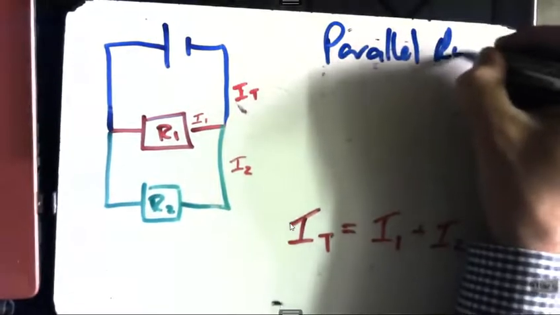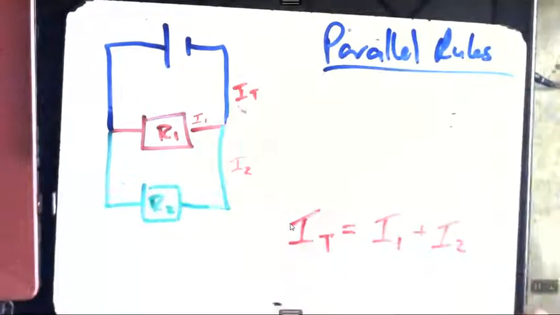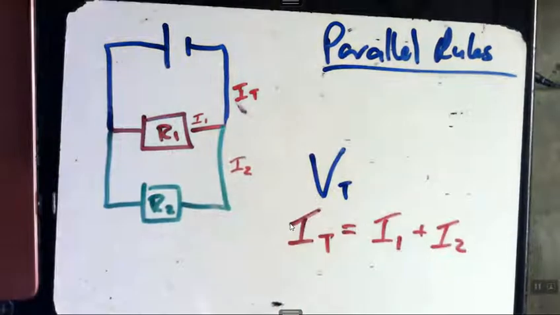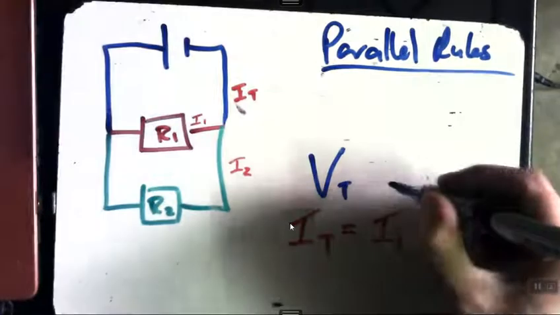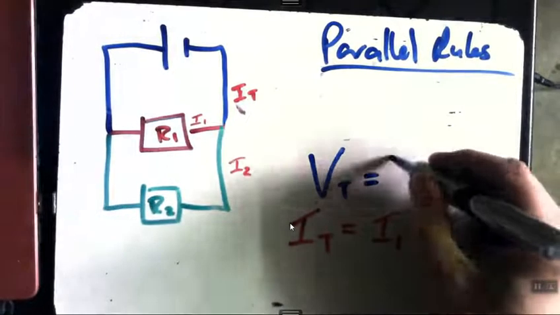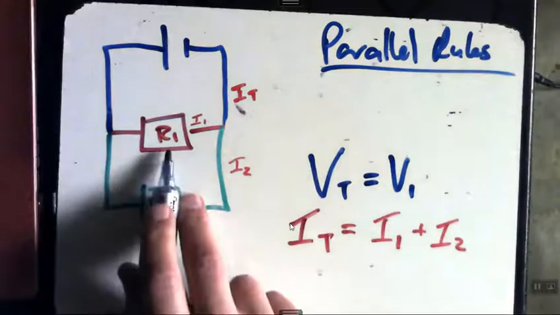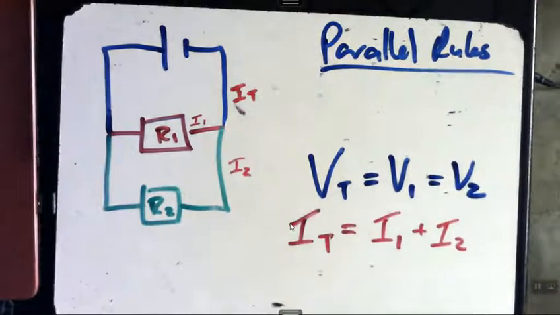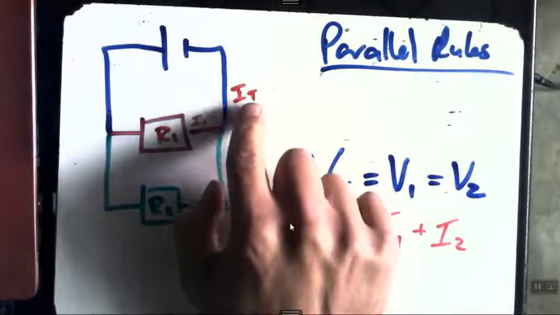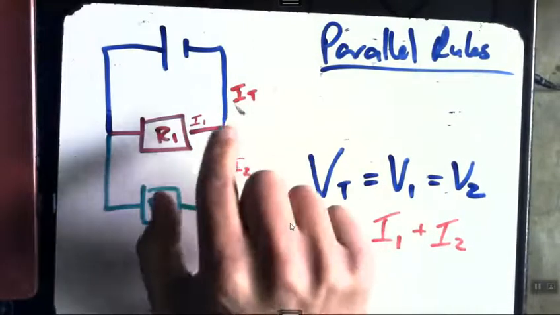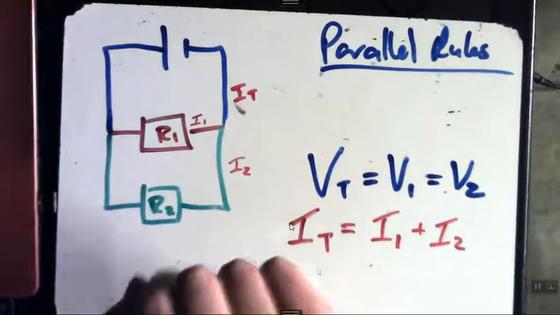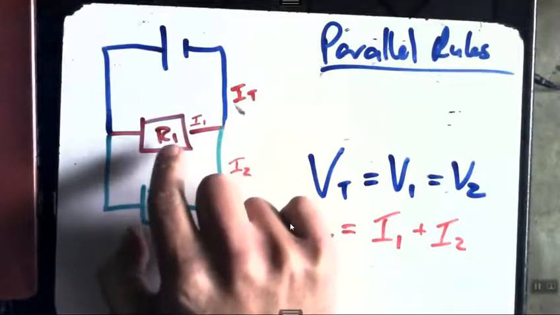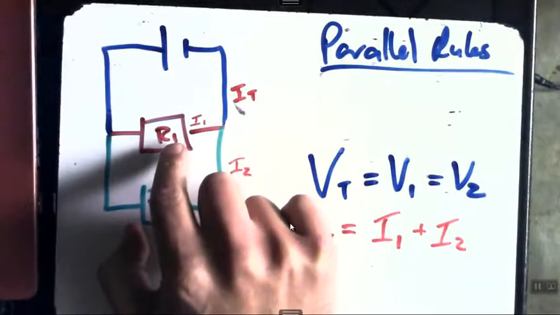Then these are the parallel rules for voltage. The total amount of energy given by the cell, otherwise known as the EMF, is equal to the voltage at resistor 1, and it's also equal to the voltage at resistor 2. If each little electron gets 10 joules of energy, some of them are going to pass by this resistor and give all their 10 joules of energy here.